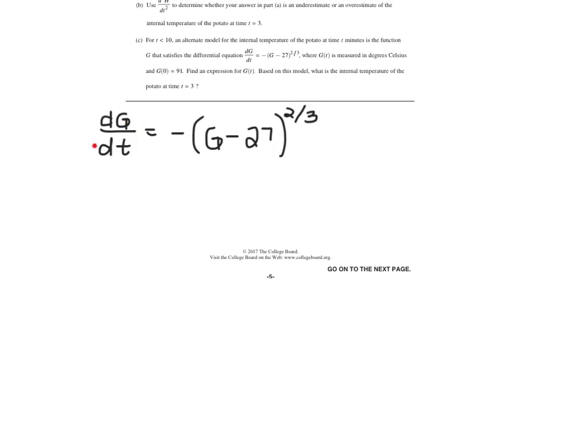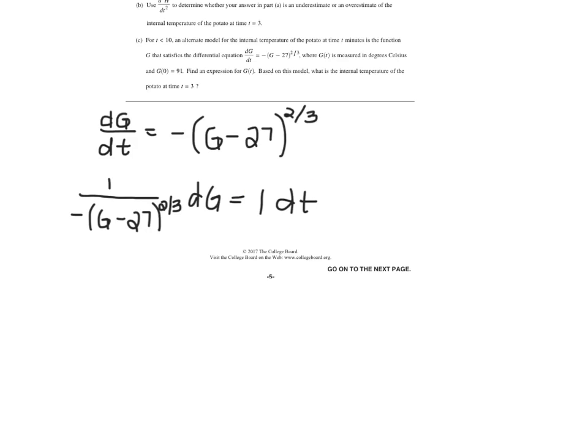So all the t parts need to go to the right side, and all the g parts, since this is all connected, we need to bring this entire thing over to this side. So I divide the entire right side over to the left. You could have left the negative if you wanted, but this whole set of parentheses with the exponent needs to move to the left-hand side. And it's in terms of g now, and then the right-hand side is only in terms of t.